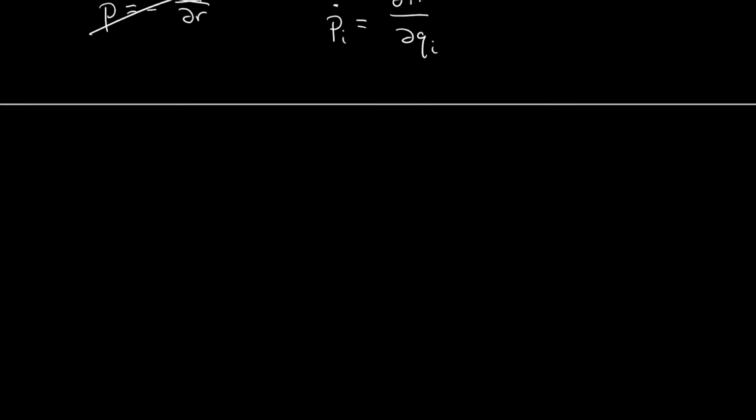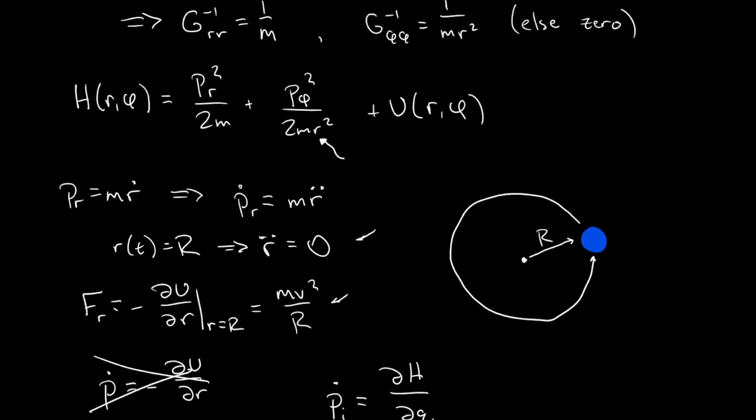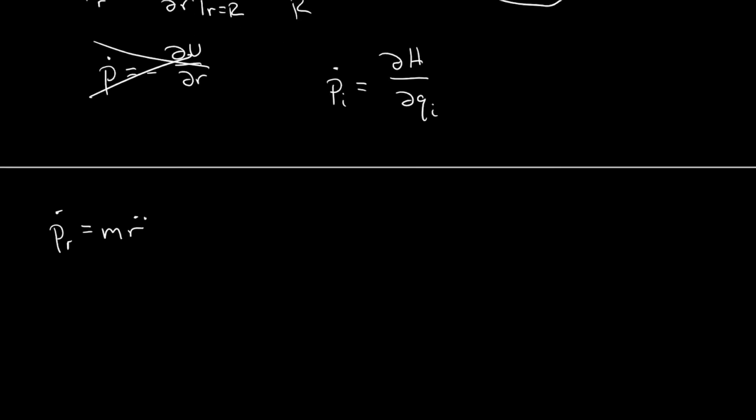So again, we find that p sub r is equal to m r dot, so p dot sub r is equal to m r double dot. Now, in this case, if I just take the derivative of the Hamiltonian with respect to r, this first term gives me minus p phi squared over 2 m r cubed plus dU/dr. So let's write that down here. Put a minus sign here. Sorry, dropped that.